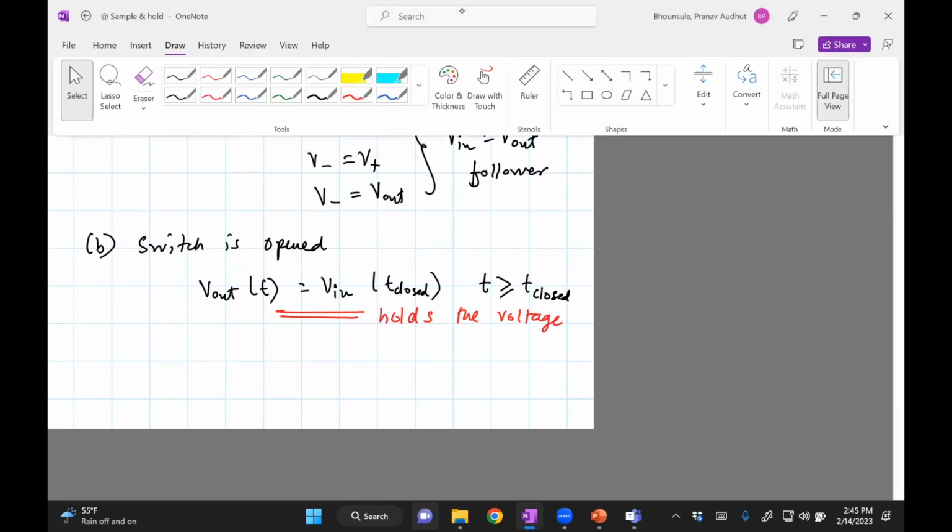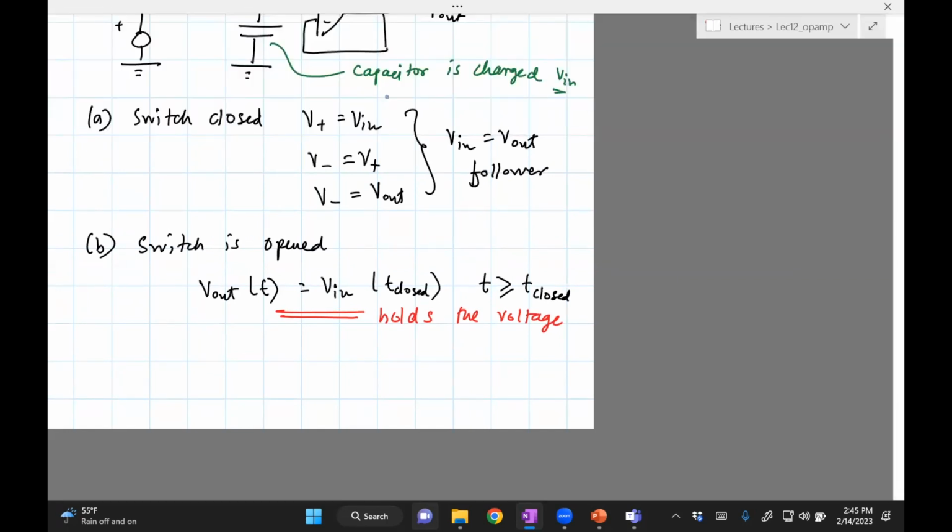For that, there are some capacitors which will hold on to the charge. Normally, if you have a capacitor and you just charge it and then unplug it, it leaks the charge and the charge is gone. So some capacitors are leaky, some capacitors are non-leaky.